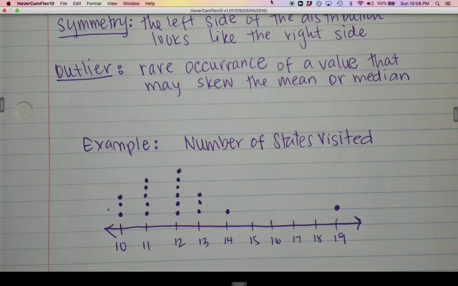How many observations are in the data? So all we would do is count the dots. 1, 2, 3, 4, 5, 6, 7, 8, 9, 10, 11, 12, 13, 14, 15, 16, 17, 18, 19. It looks like 19 sets of data, or 19 people were observed.